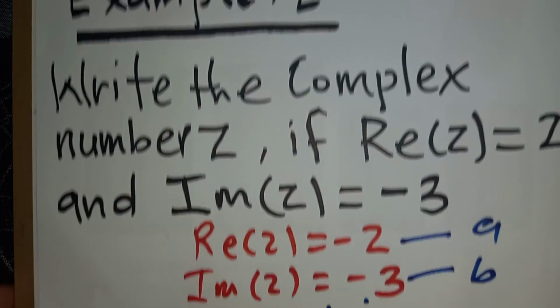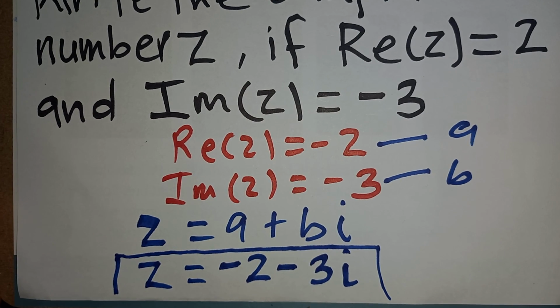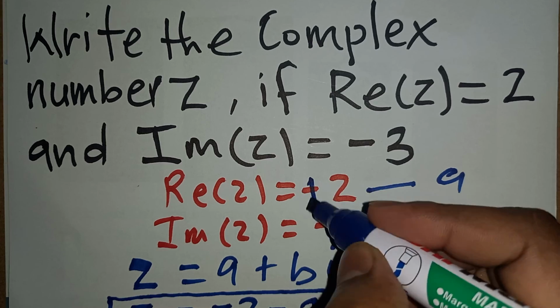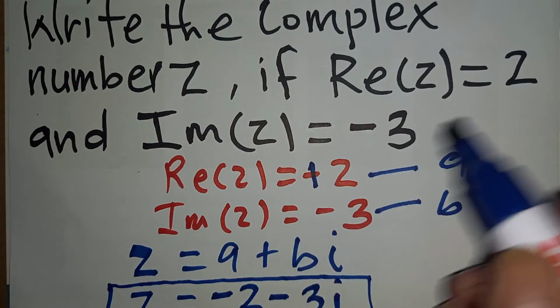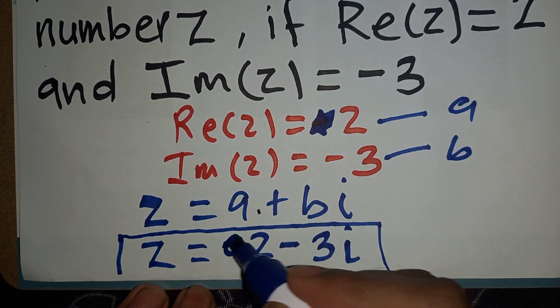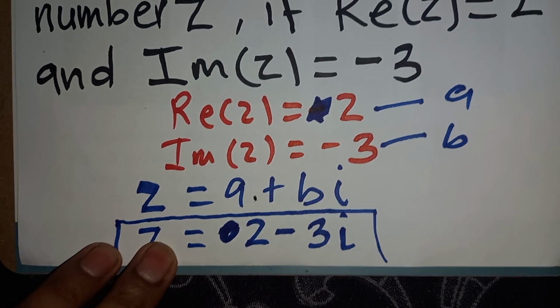Okay, so we have written the complex number z, and okay, this is supposed to be positive 2, right? This is not negative 2. Okay, the real part is 2, right? So we ignore that and we ignore this, right? So it is 2 minus 3i.